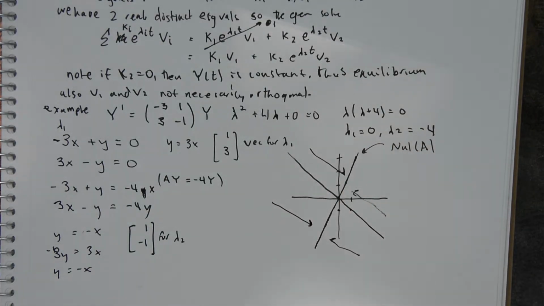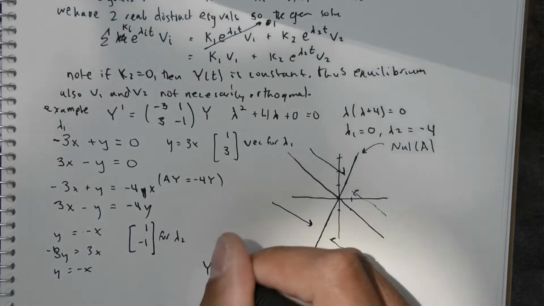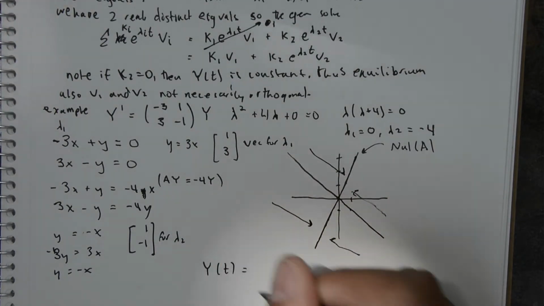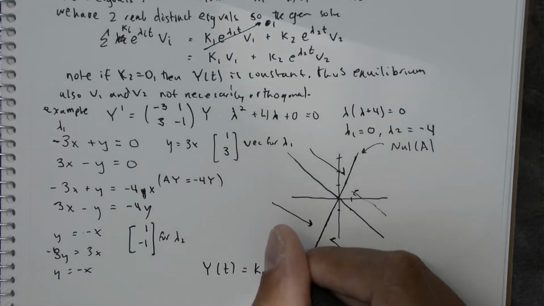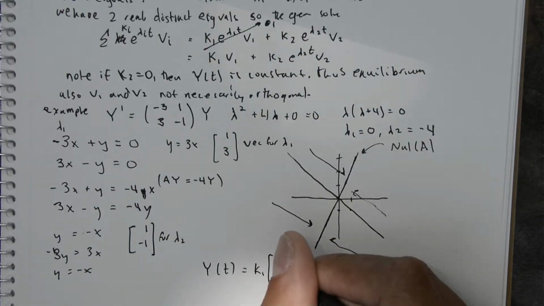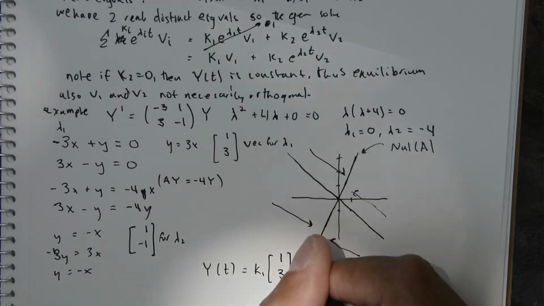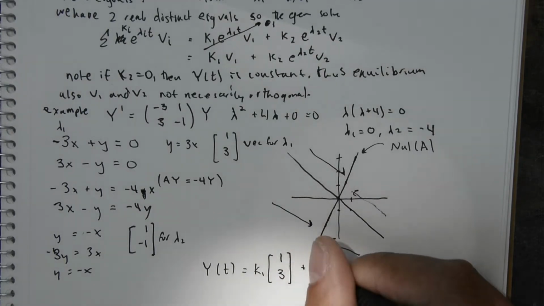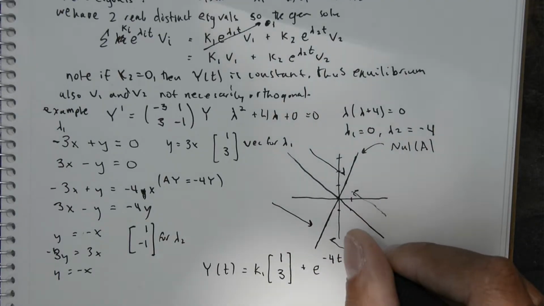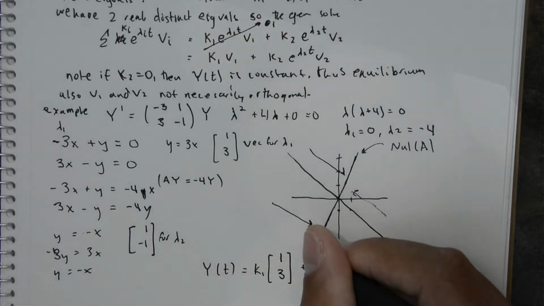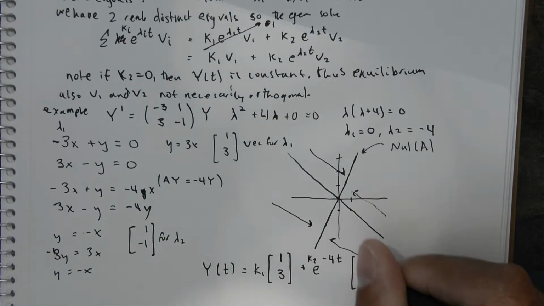Okay, now we still need to find the general solution. So our general solution is going to be y of t is equal to k1 times 1, 3 plus e to the minus 4t times k2 times 1, minus 1.